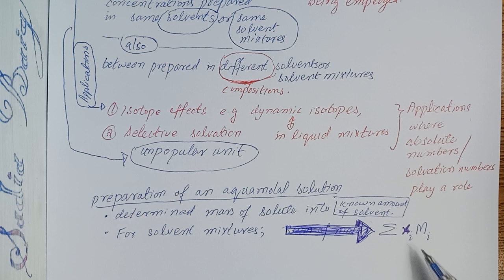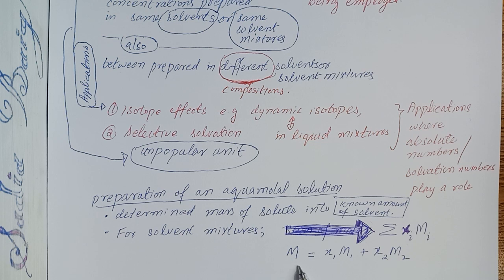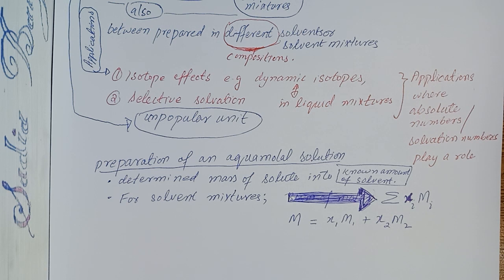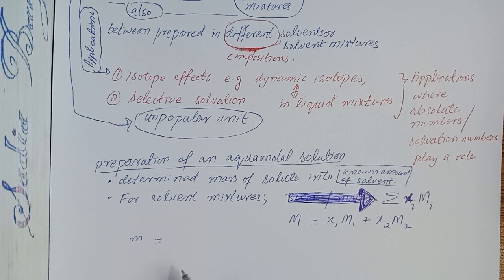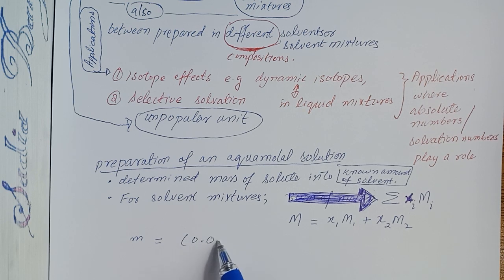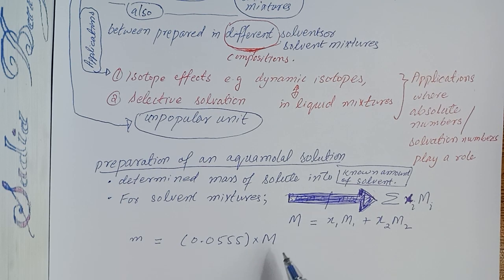So it's better to denote the mole fraction as small x, where m is the molar mass of the mixture and x1 is the mole fraction of component 1 and m1 is the molar mass of component 1, whereas x2 and m2 are the mole fraction and molar mass of component 2. So the aquamolality m can also be determined from other units using the conversion, that is 0.0555 into molar mass.